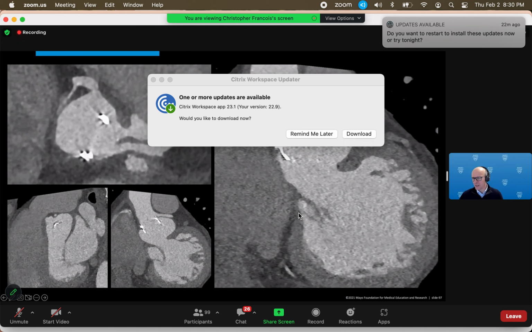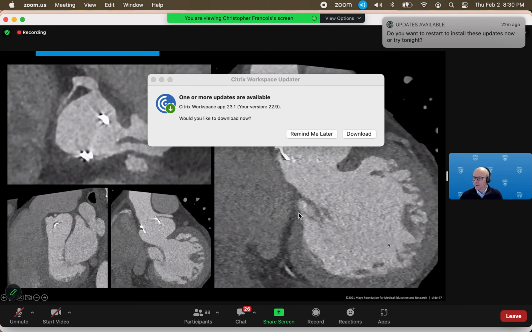So we're increasingly using CT scans to assess for prosthetic valve complications, including abscesses, fistulas. In this case, there's actually a fistula or perivalvular leak going around.